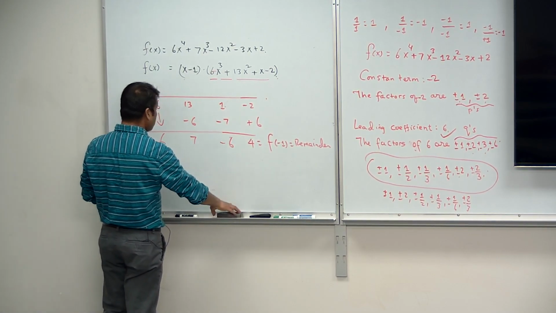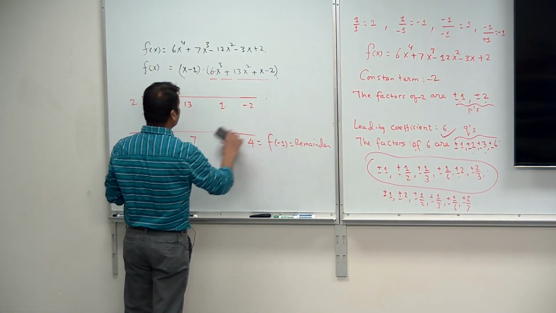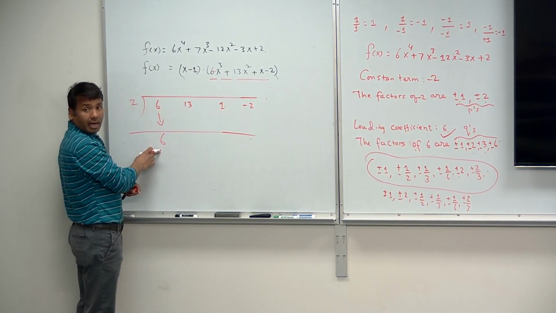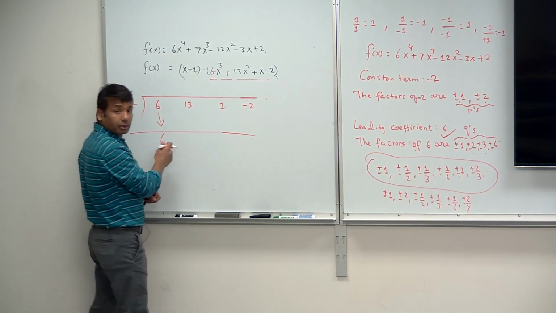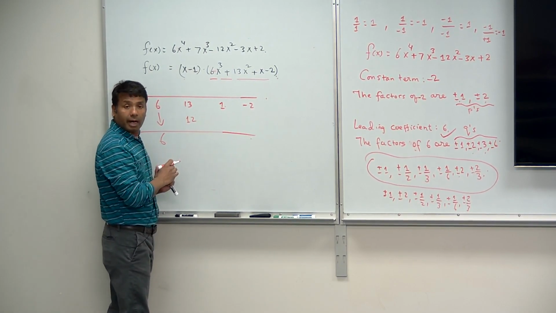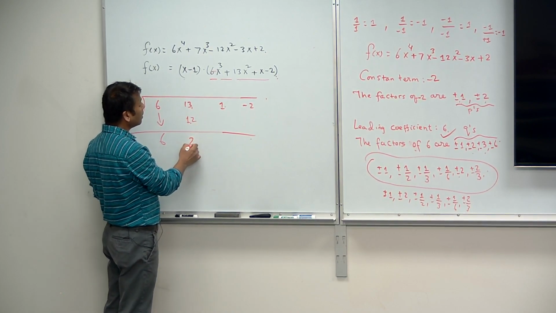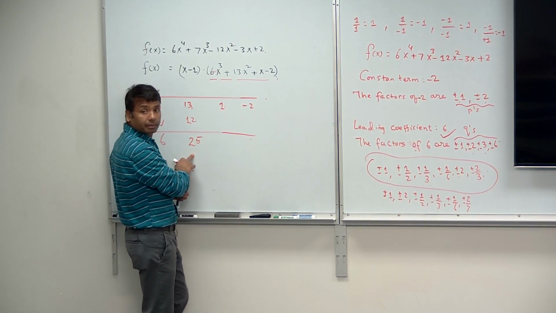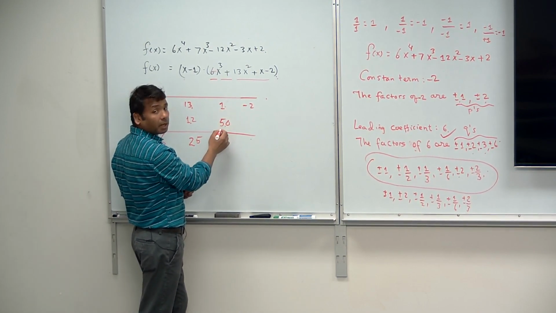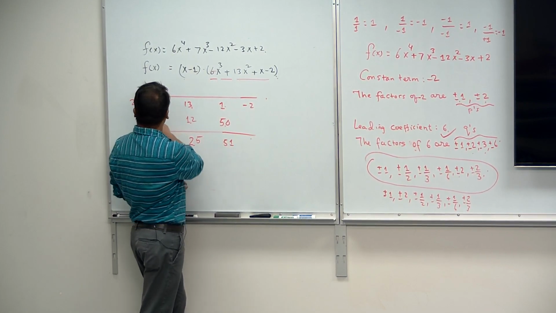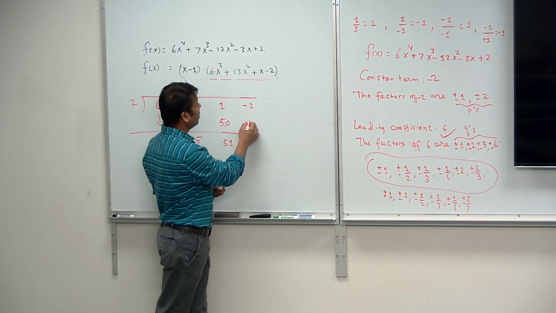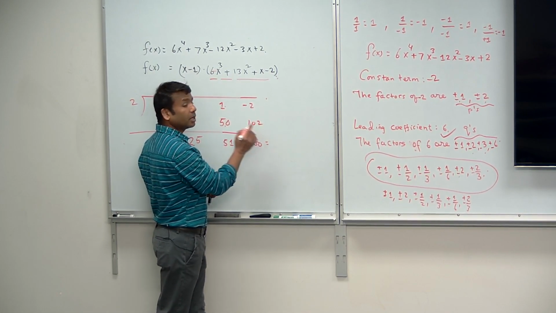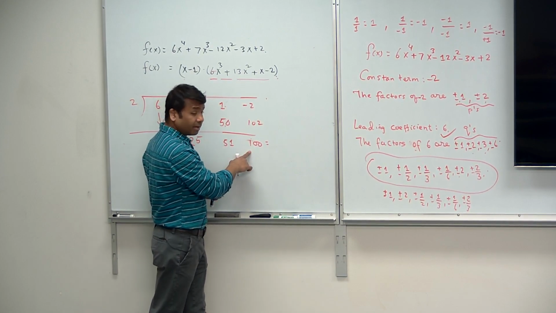If you try for +2, you bring it down, 2 times 6, 12, right? 13 plus 12, what is 13 plus 12? 25, 2 times 25, 50, 1 plus 50, 51, 2 times 51, 102, so this is what? 100. You see that? Right? So this is remainder, right?